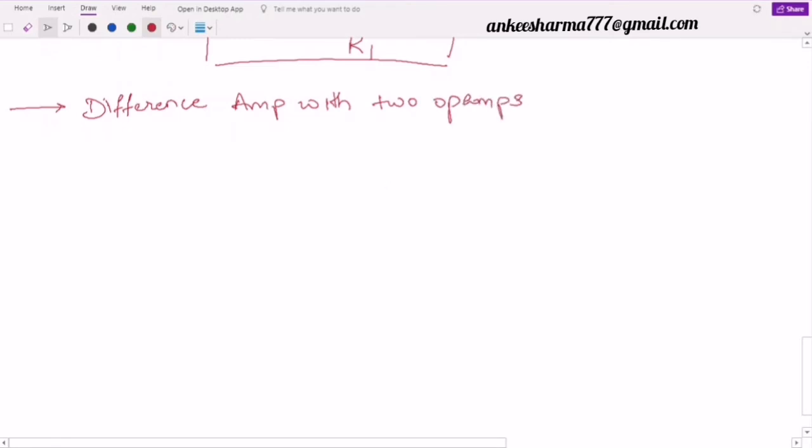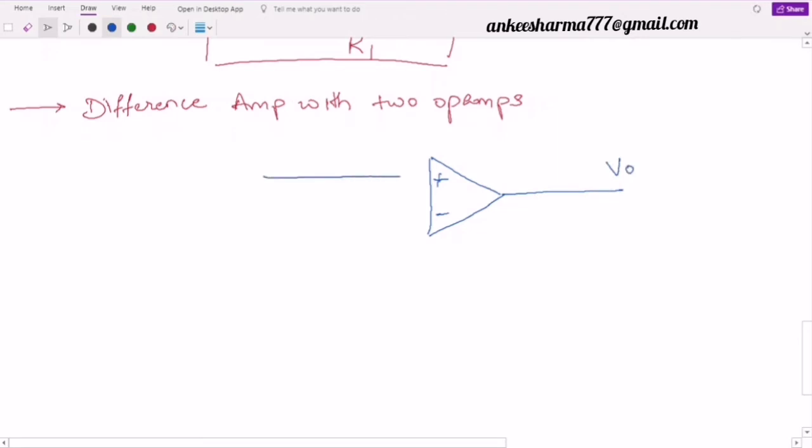Now I will draw the diagram for you first, and after that we will calculate the output voltage. You can also draw it if you want to. So this is, for example, non-inverting, and this is inverting. I'm going to take my output voltage.